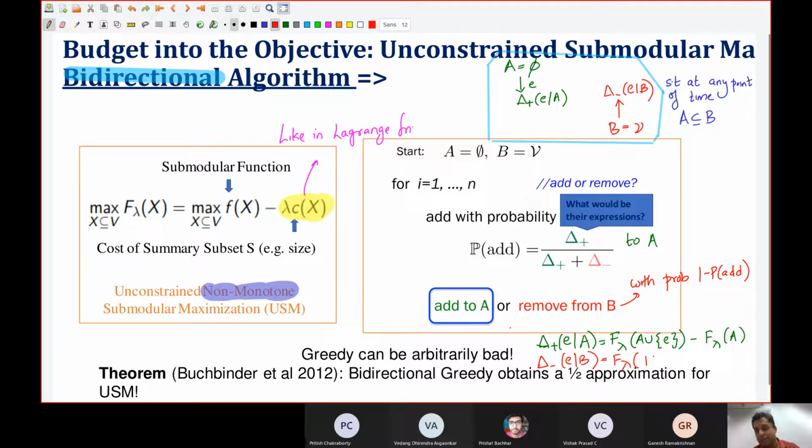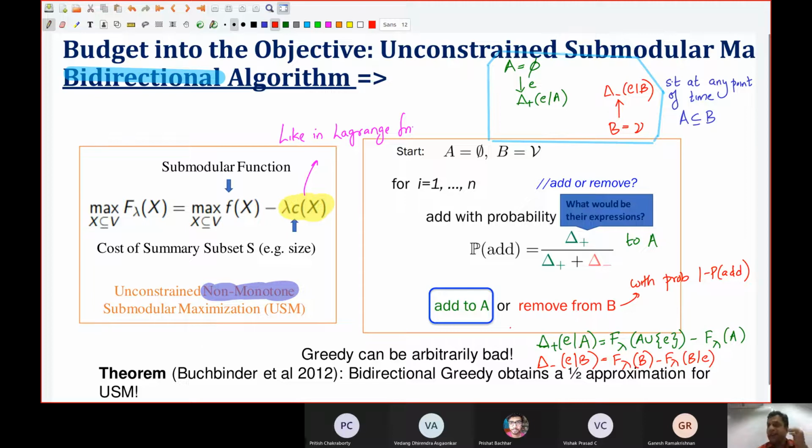So it may happen that after removing an element, you are actually gaining. So one of them can be negative. What do you do?